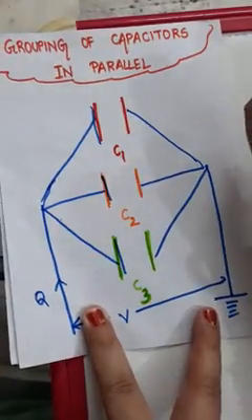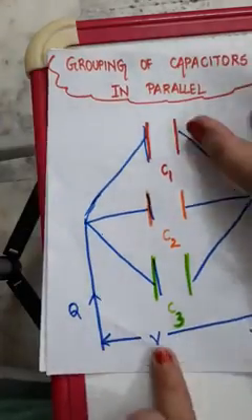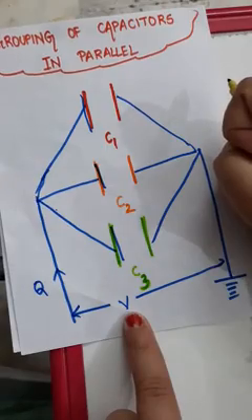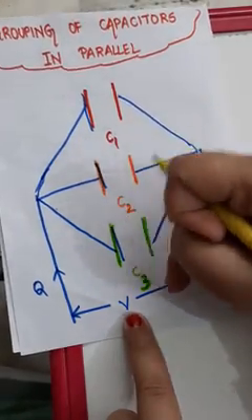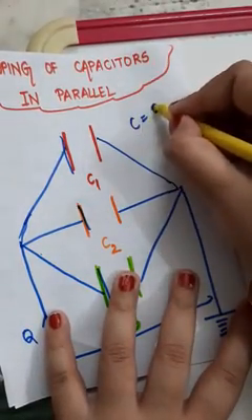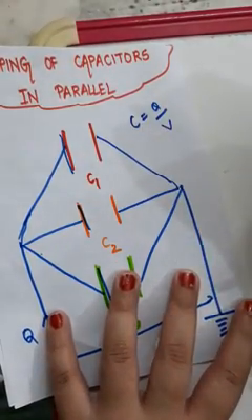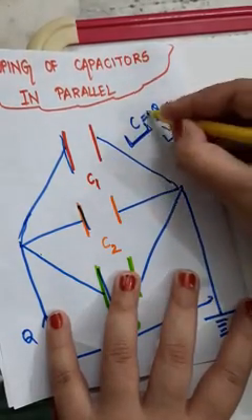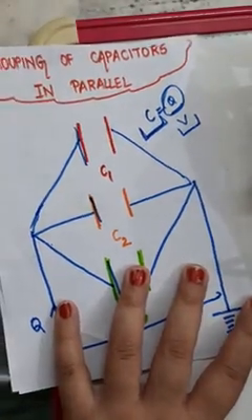Is it clear? So after that, since potential remains the same in parallel combination and there are three different capacities of these capacitors, we know that C is equal to Q by V. If V is the same but C is different, it means Q will also be different for all the three capacitors.